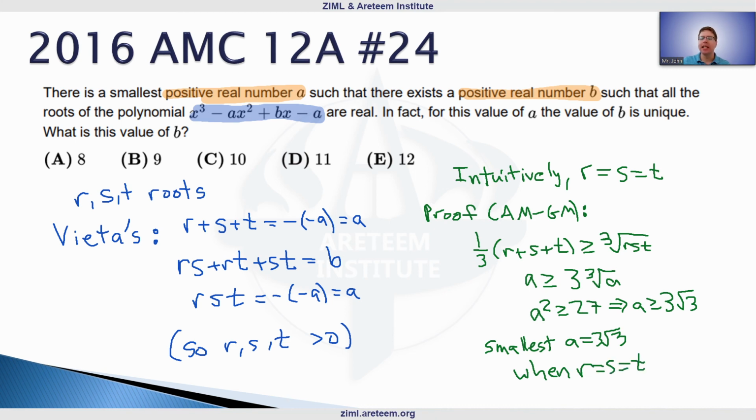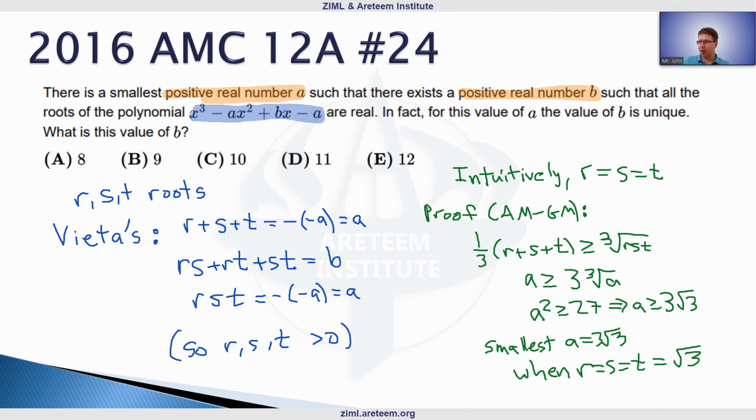And this one's pretty easy. The product of three numbers is 3 root 3. If we write that as an exponent, this is 3 raised to the 3 halves. Or we're summing three numbers, which is evenly divisible by 3 as well. Pretty easy that r, s, and t equal square root 3 in this case.